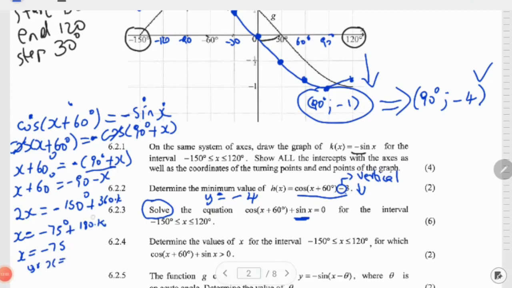If k is 1, then we're going to have 180 times 1, which is 180. 180 minus 75 is going to give us 105. If k is 2, then we get 360 minus 75, which is 285. So we can't go beyond there because our interval says we should stop at 120. As soon as the answer is more than 120, then we stop. So we have x equals minus 75 or x equals 105.